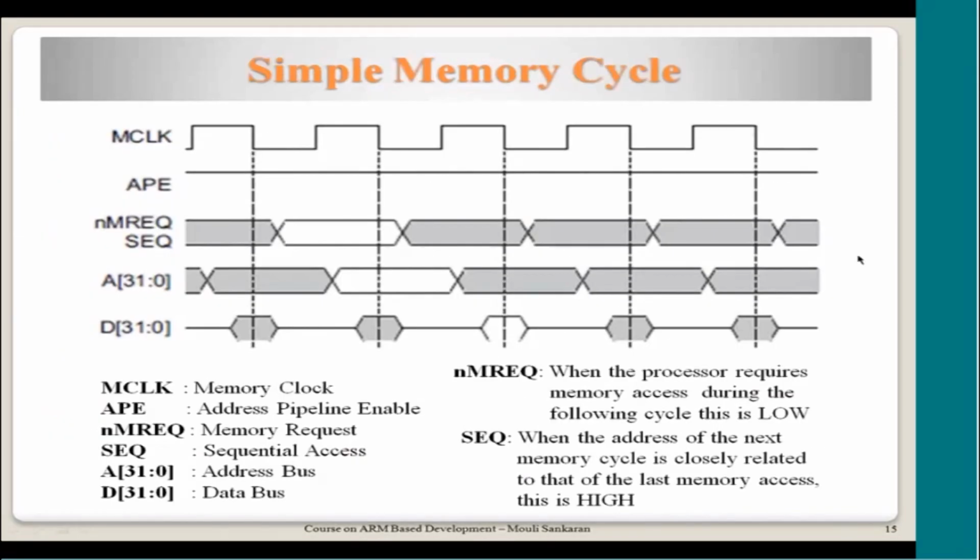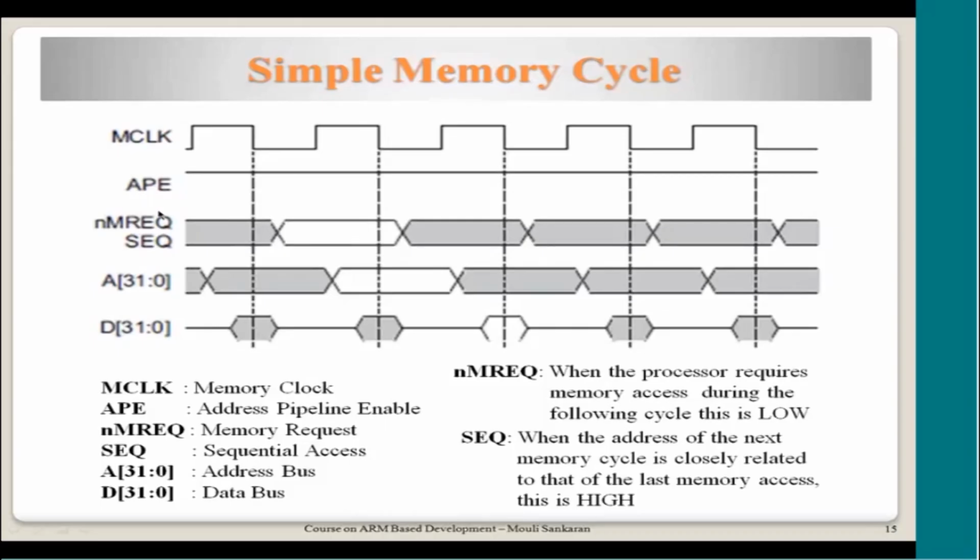Now I'll show you a small bus cycle here. This is the M clock which I showed you, which is driven from the external circuitry into the processor core. So this is one complete cycle here. What you see here is a pipeline mode because this is a high signal.